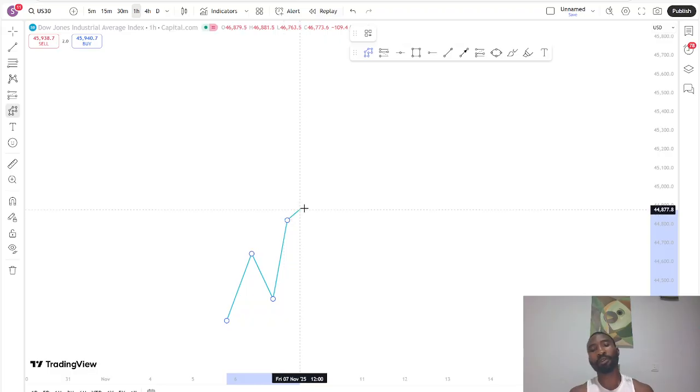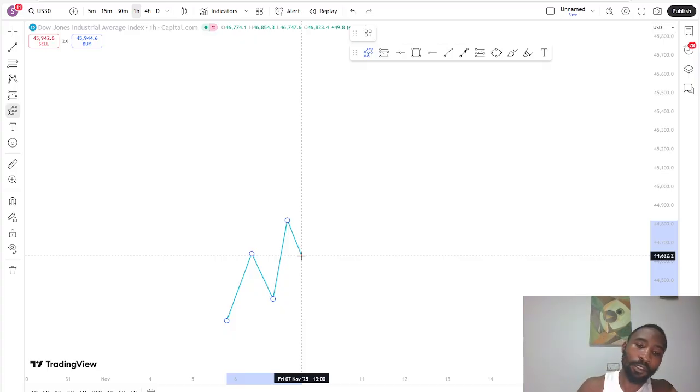Then the next thing we get is the market correcting and coming to retest this place to give us a complete trend, because without the completion, without the correction, there's no way we can tell whether we're on an uptrend or a downtrend. But that is not the real problem here.